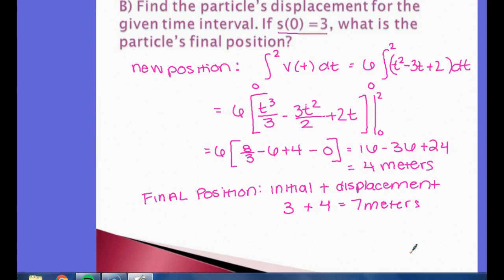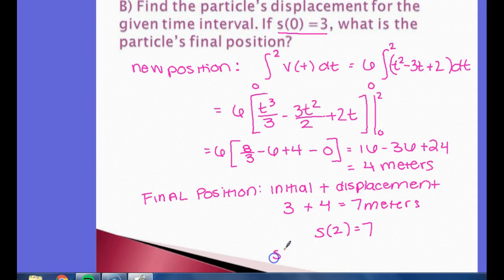What does that mean in terms of functional notation? What that means is that S of 0 equals 3. This means S of 2 equals 7. This means the position at time 2 is 7. Your position function would be this antiderivative here, right?